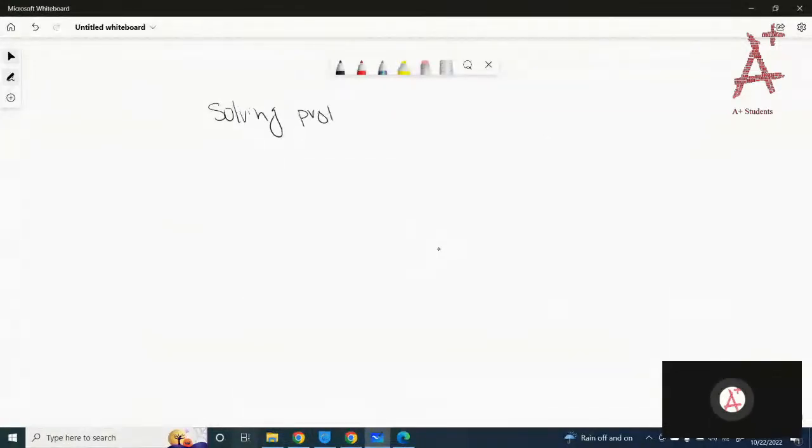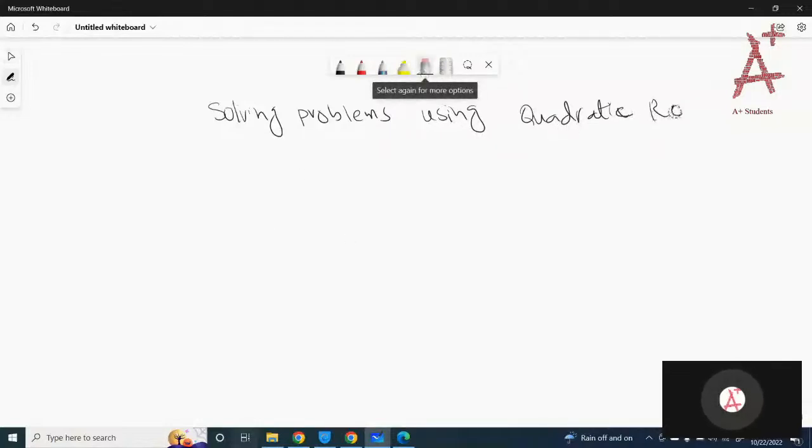Solving problems using quadratic relations. You can find the topic on page 285, Nelson book grade 10. Got it?